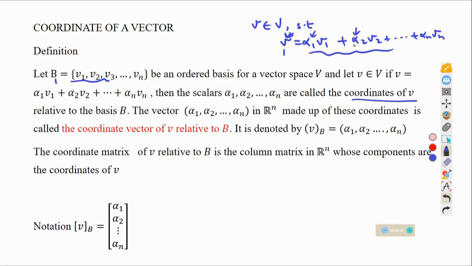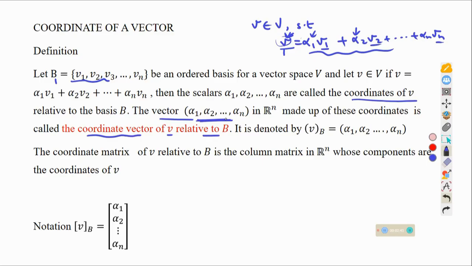If you express v as a linear combination of v1, v2 up to vn, then you obtain your alphas, and we call alpha 1, alpha 2 up to alpha n the coordinates of v relative to the basis containing v1, v2 up to vn.